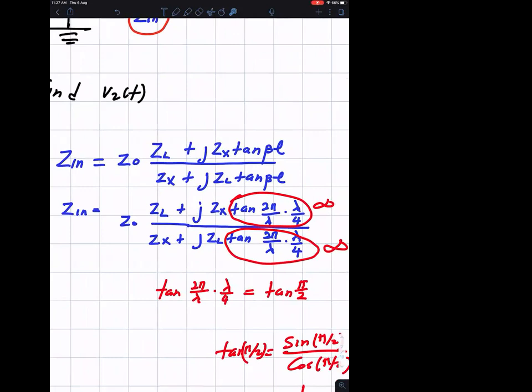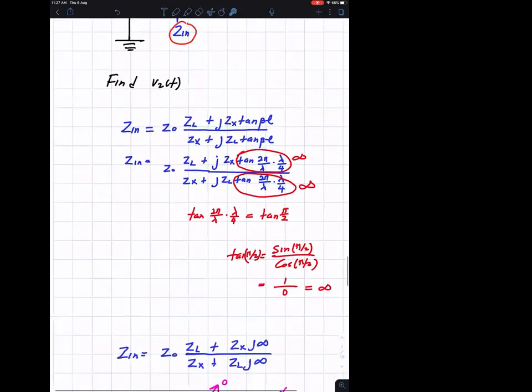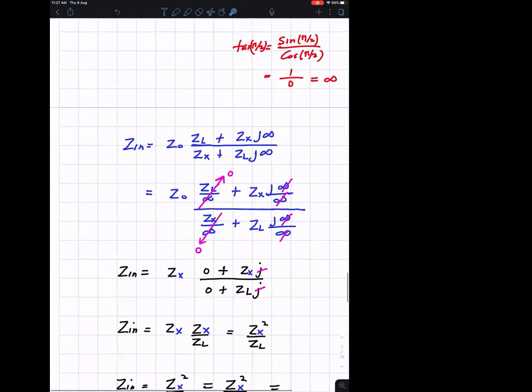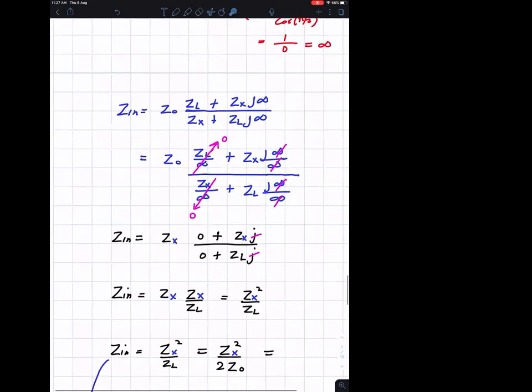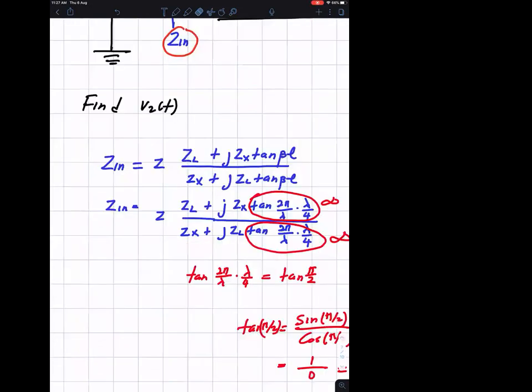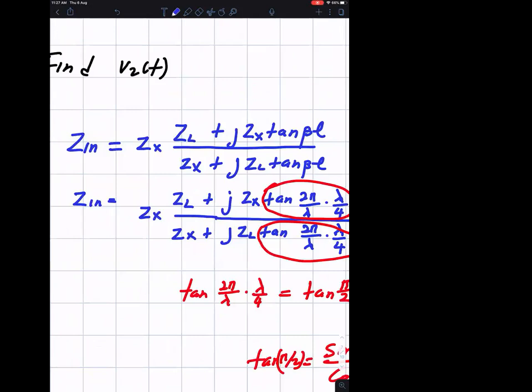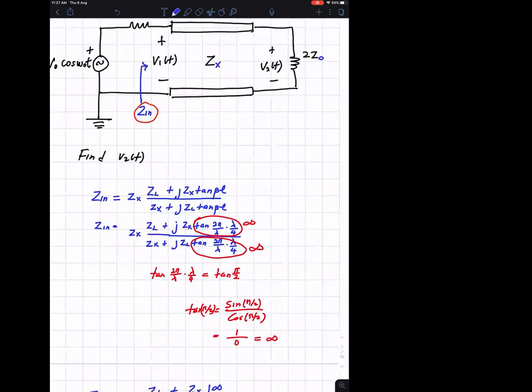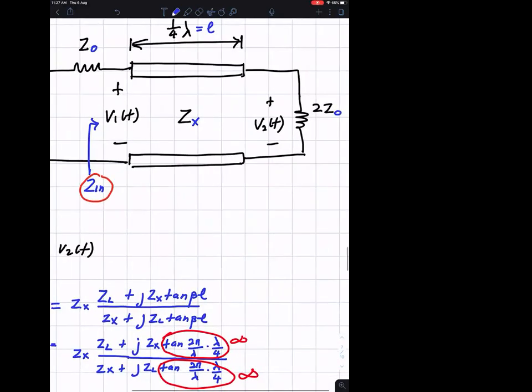Again, there's one more thing that I need to change here. Hold on, I forgot to change this. This is also ZX. ZX is the characteristic impedance of the cable.